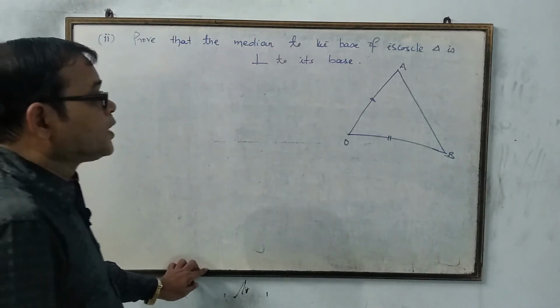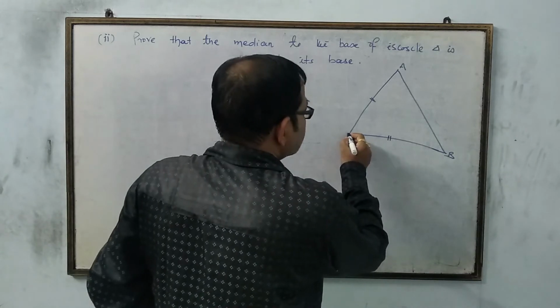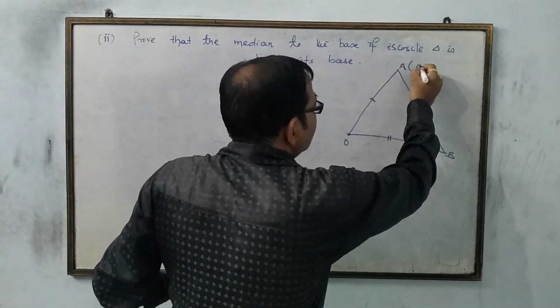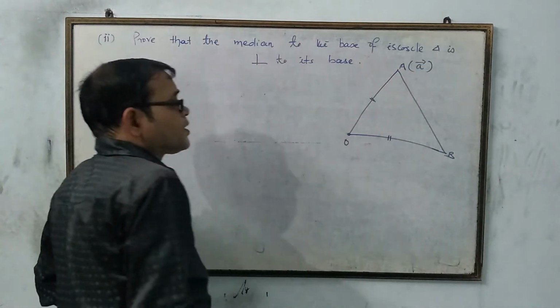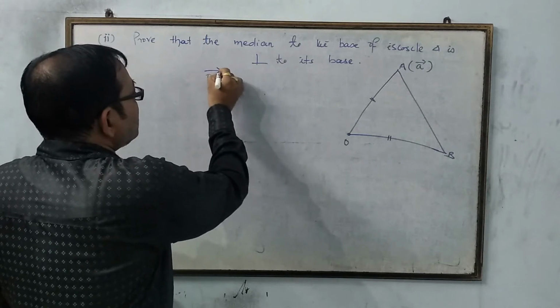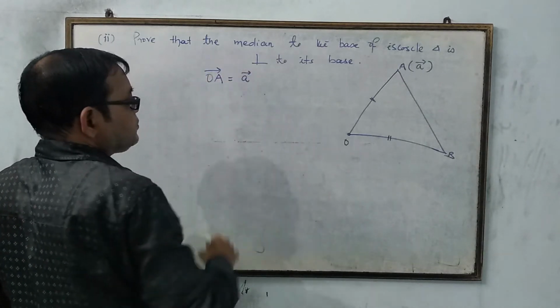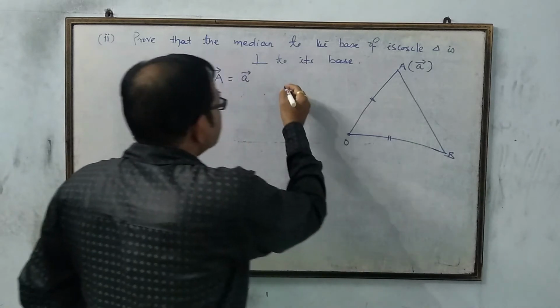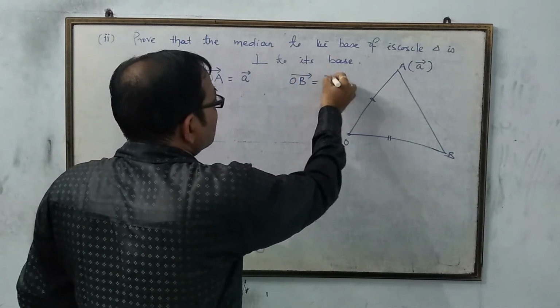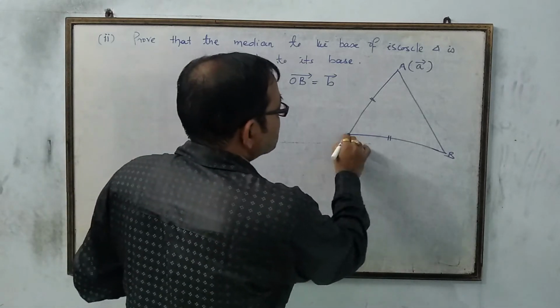In vector form, if I say this is origin and this is point A, then this is vector A. OA is equal to vector A. Similarly, OB is equal to vector B, because we are taking O as the origin.